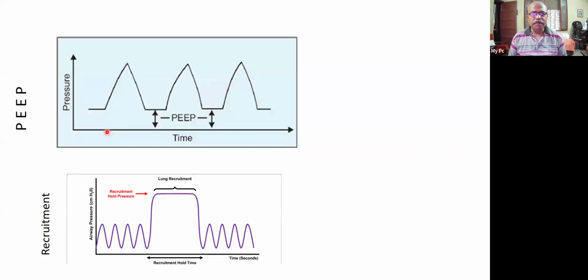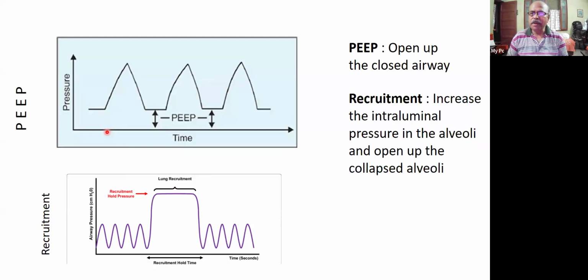Now, how do we overcome this? There are two maneuvers that we usually do: PEEP and recruitment. So what does PEEP do? PEEP opens up the closed airways, and recruitment increases the intraluminal pressure in the alveoli and opens up the collapsed alveoli. When the alveoli are collapsed, PEEP alone is not sufficient. You have to recruit the lung.